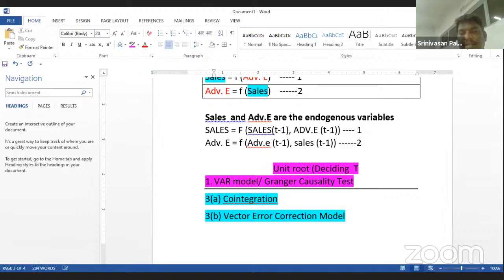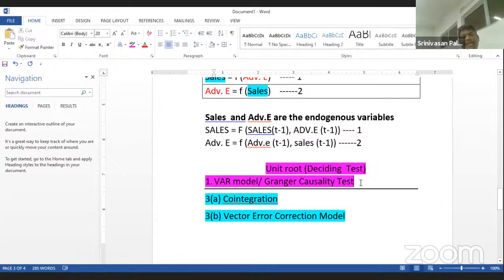Based on the order of integration, we decide whether we go for a VAR model, Granger causality, co-integration or error correction model.